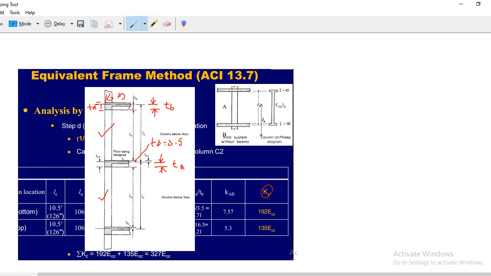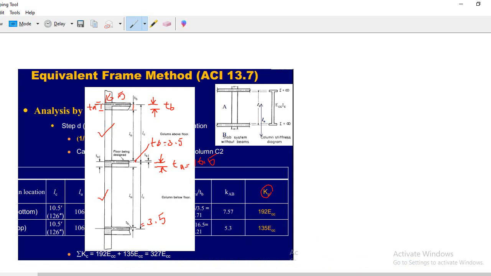As in the case of the lower column, the Ta value is also 16.5 and the Tb value is also 3.5, as in the top story case. So due to this similarity, the value of K will be the same as the one we calculated for the bottom column.